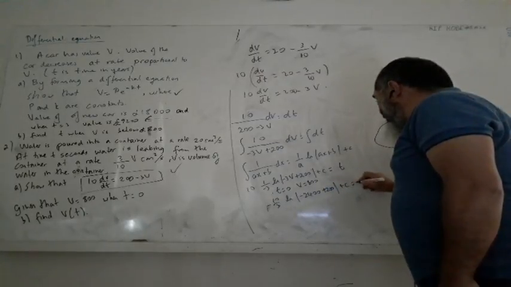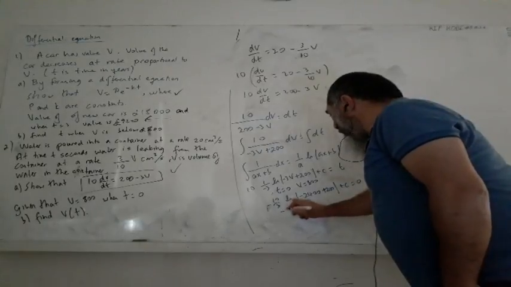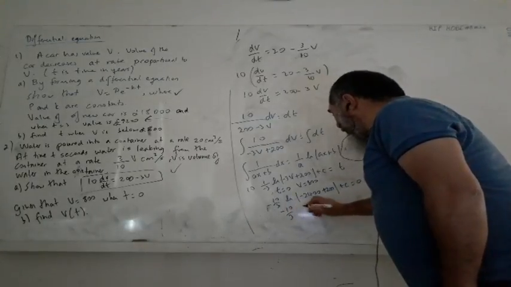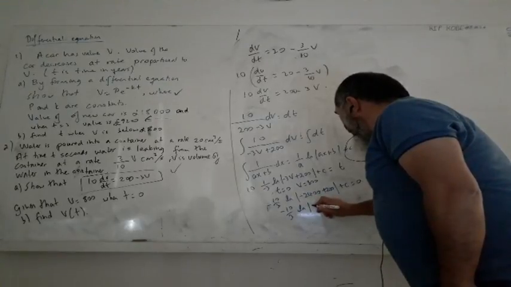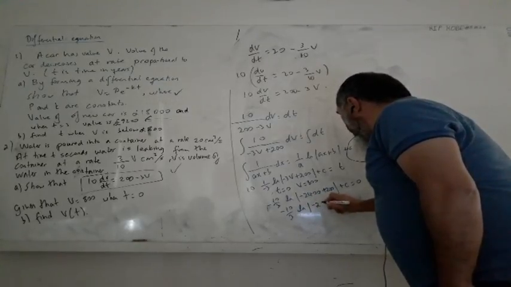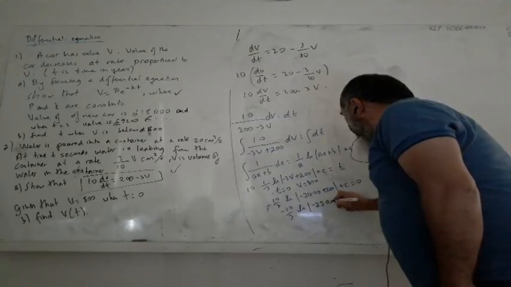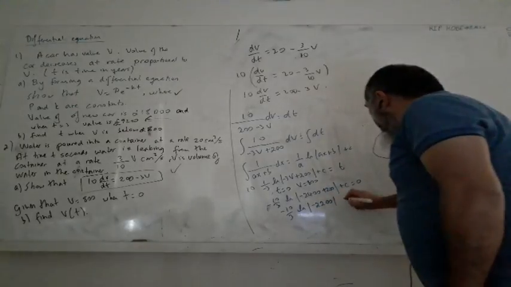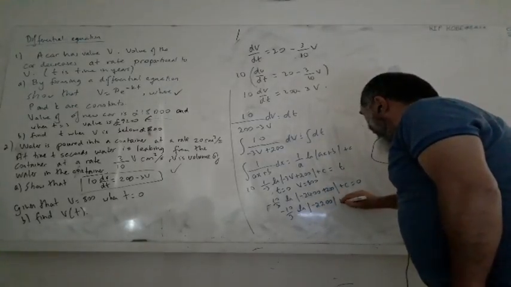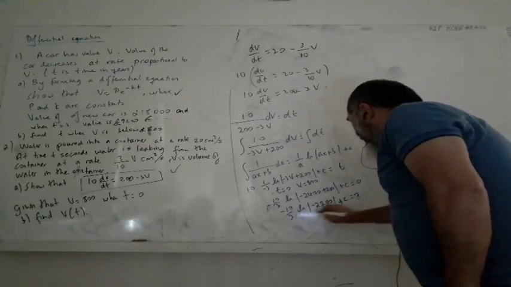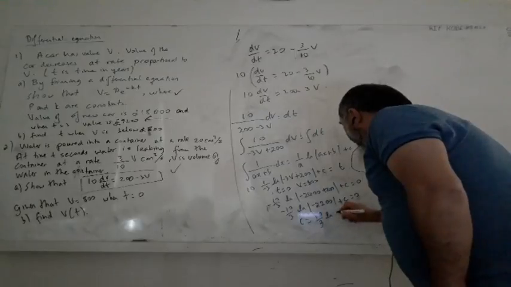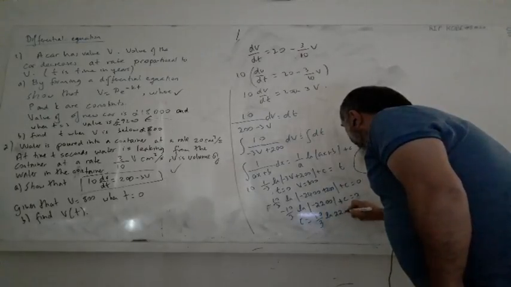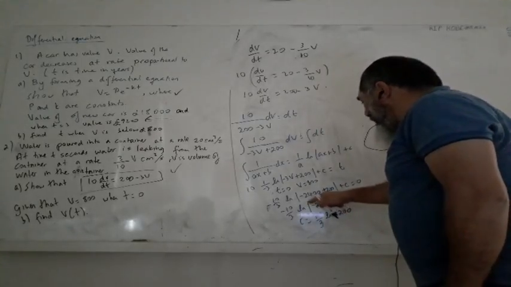Minus 10 over 3 ln of minus 2200 in the modulus sign plus c is equal to 0. So c is equal to 10 over 3 ln 2200. Because it's in the absolute value function, it becomes plus.